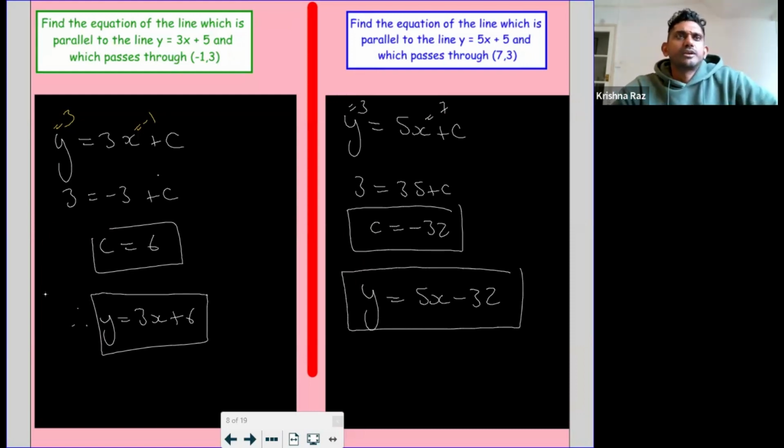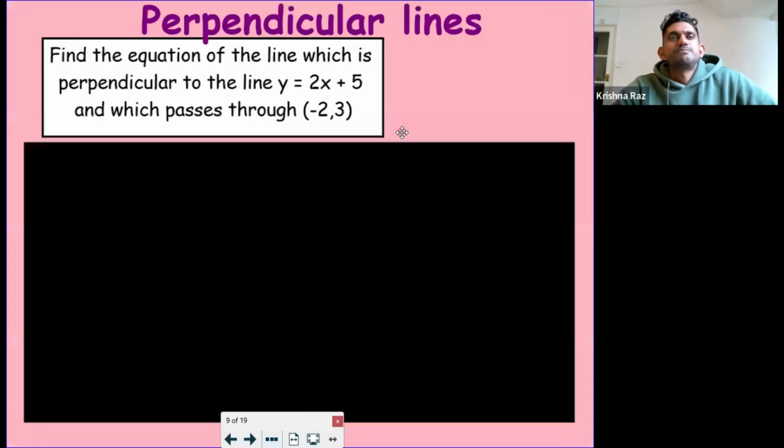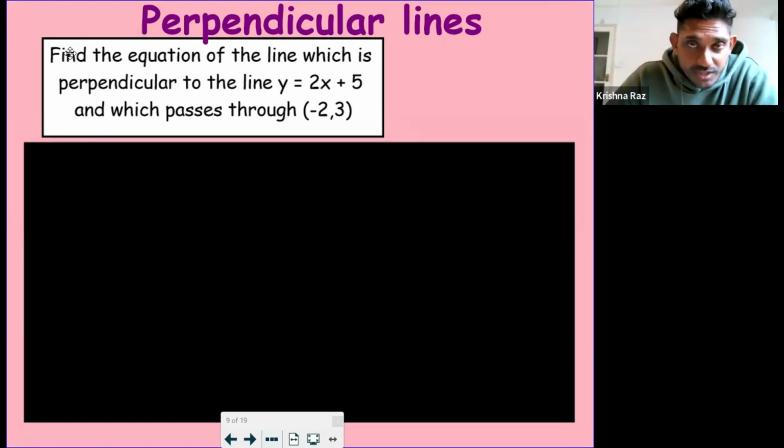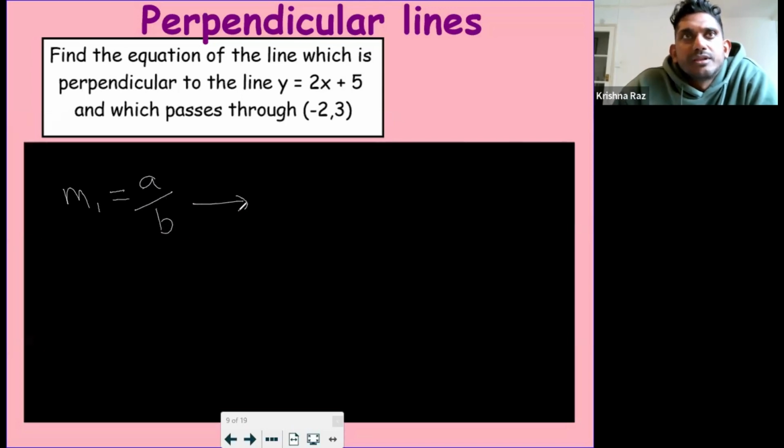So one more thing I want to talk about in this video and give you some examples, which is perpendicular lines. Yes, again, there'll be a video showing the relationship between lines and perpendicular lines. If you don't already know, then what we say is if the gradient of line 1 is a over b, then the line perpendicular to it will have a gradient of minus b over a.